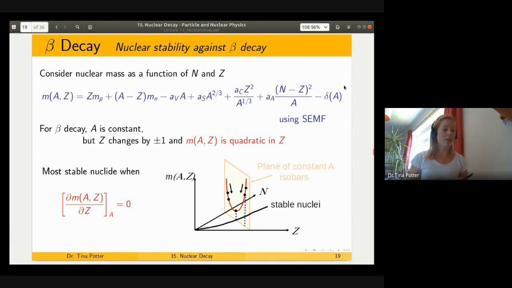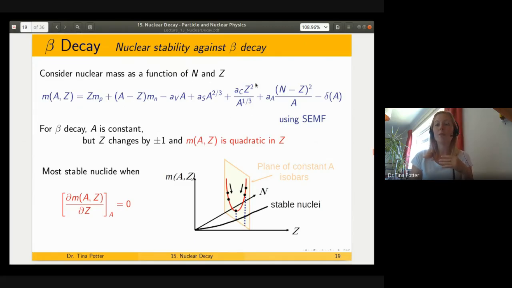Now, when a nucleus undergoes beta decay, the number of nucleons, protons plus neutrons, is constant. A proton is changing into a neutron, or a neutron is changing into a proton. But the number of protons is changing either up or down by 1. So if we want to look at the terms that are going to be affected here, it's obviously our number of protons and our number of neutrons. Our volume and our surface terms don't actually depend on this, they'll be the same.